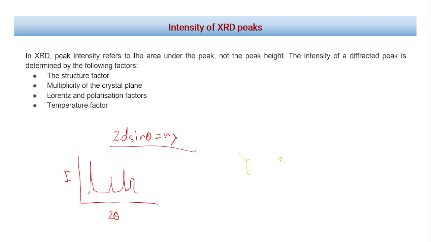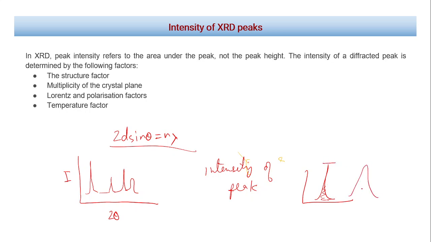Depending on the interplanar spacing of those crystal planes, we get the peak at a particular 2 theta. But the peaks don't have the same height or the same intensity or the same area under them. Usually, when we say intensity of a peak, we mean the area under that peak, not just the height.